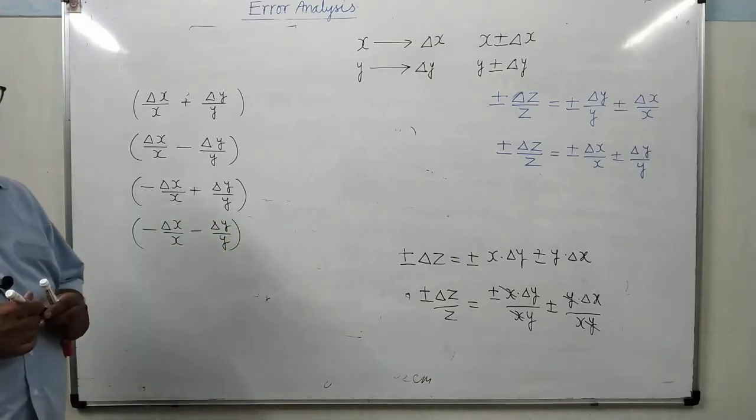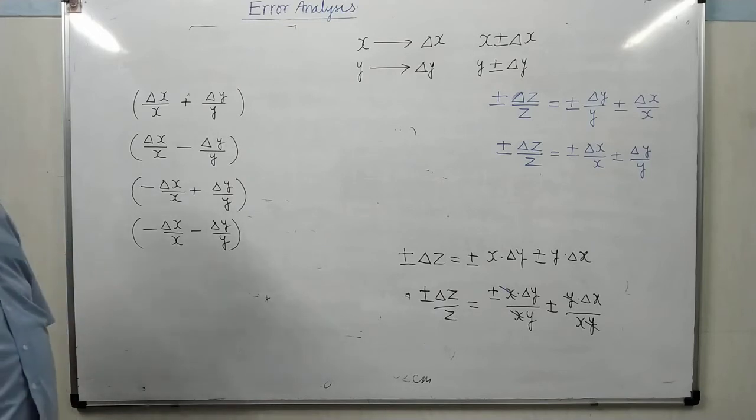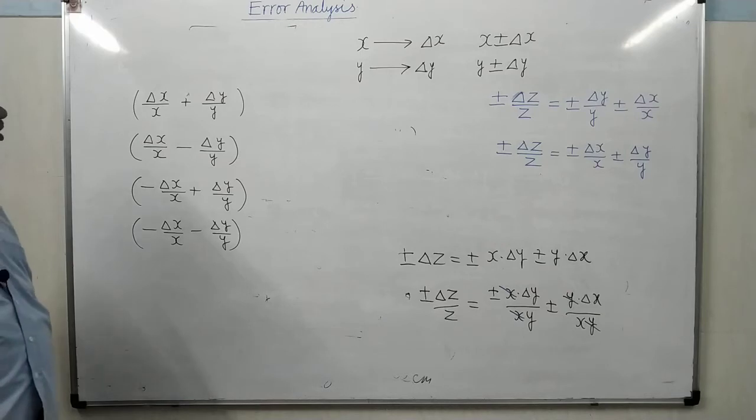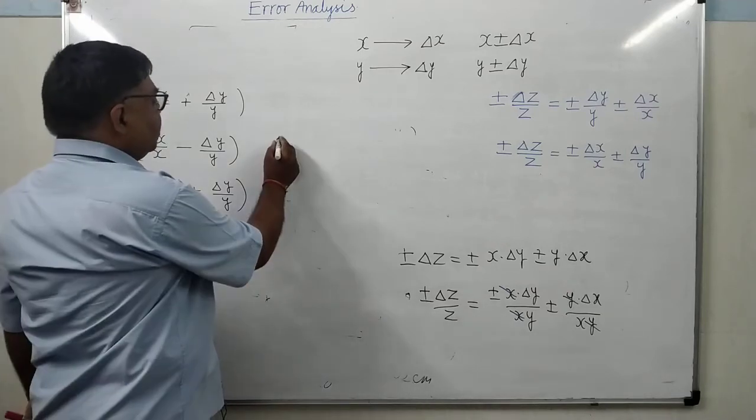But we are interested in calculating the maximum permissible error. So what will be the maximum permissible relative error in z?